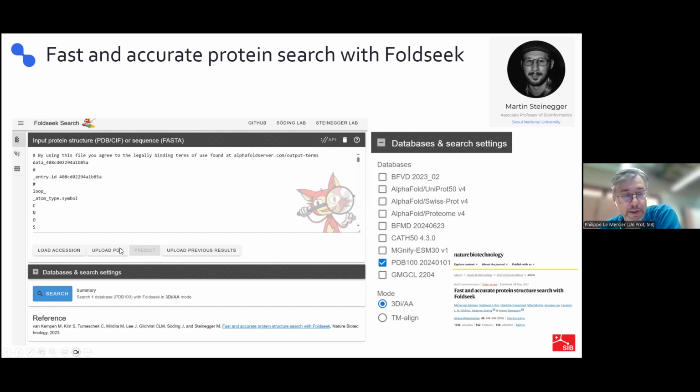You just upload a PDB, whatever model you made or another PDB, and then you can choose the database. The databases are expanding right now. I used to go to the PDB because PDB is an experimental database, so it's where your knowledge of function is. But there is BFVD, we'll see, which is a virus database, and the AlphaFold database, which is devoid of viruses.